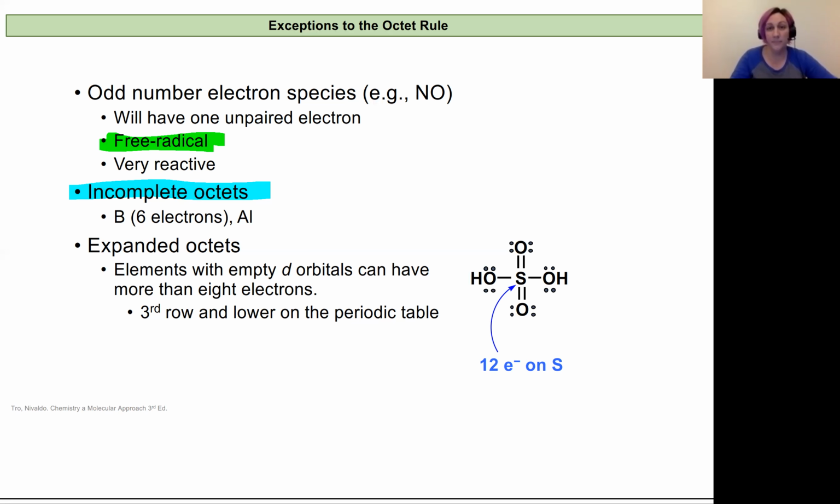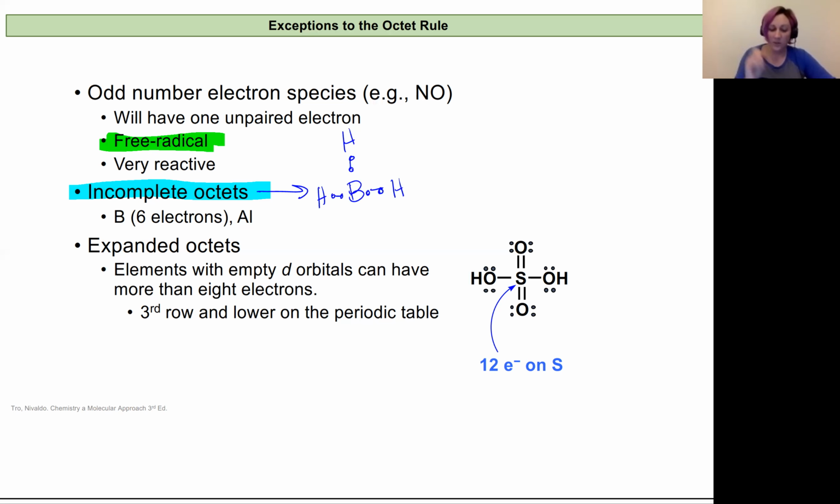And boron is a metalloid, so it's already kind of weird, right? With this exception, we would think of boron as having 3 valence electrons to start with. And when it forms a bond with hydrogen, it's only going to fill up to 6. Isn't that weird? So you just need to remember that when you're working with boron, it's weird and it only wants 6 electrons. So these are our less common exceptions to the octet rule.